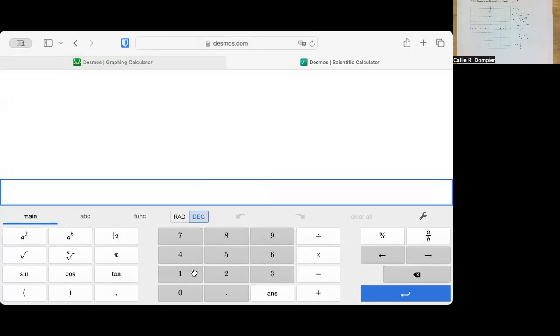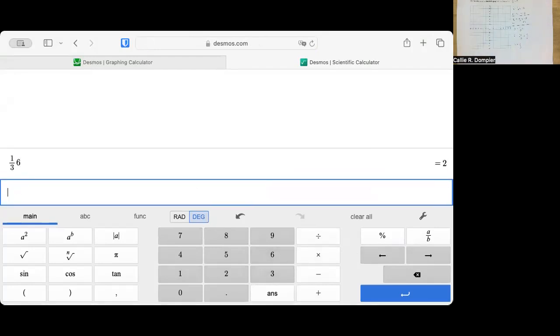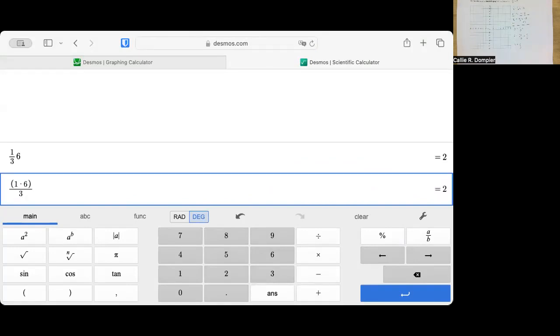If we have, let's say x is 6, right? 1 divided by 3 times 6 is going to be the same as 1 times 6 divided by 3. That's going to give you the same answer.